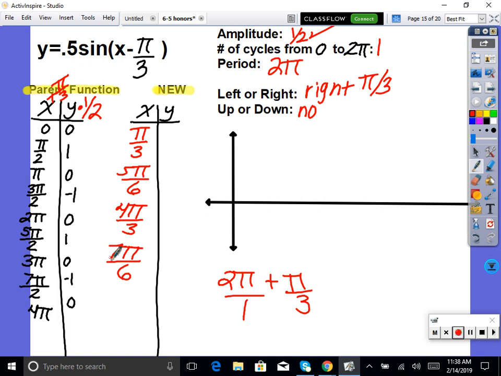I think this one was wrong. Isn't this one wrong?